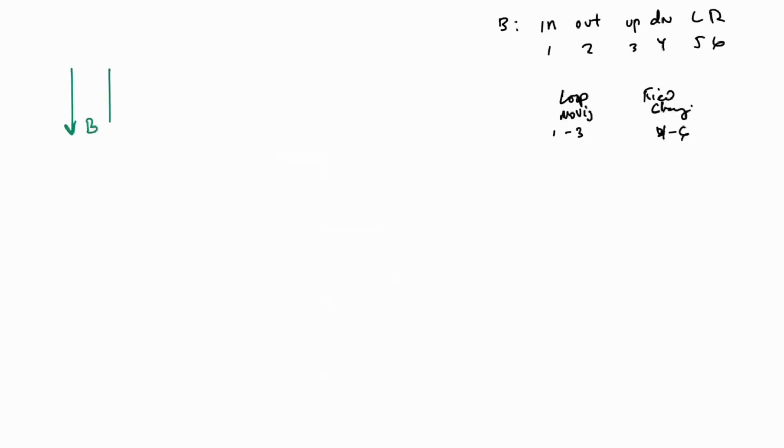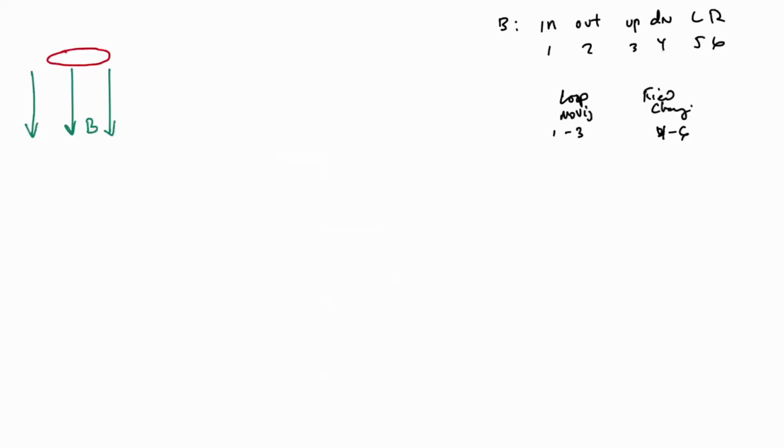So we got a downward field everywhere. And the loop would have to be oriented, this is where I have to use my physics, like that. So that's supposed to be a 3-dimensional loop.